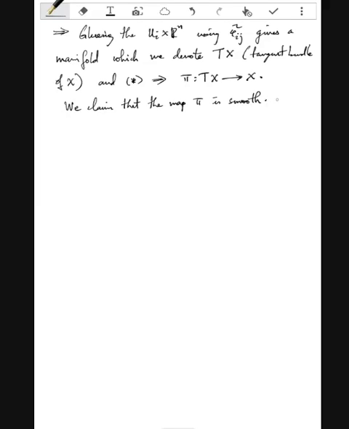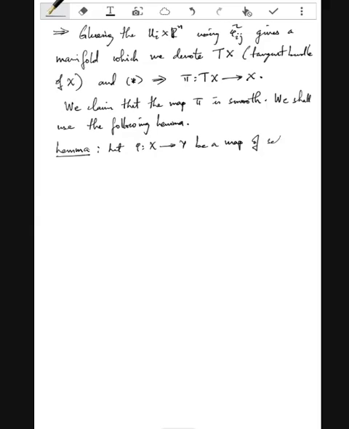For this we should use the following lemma. Lemma: let phi from X to Y be a map of sets between two smooth manifolds.